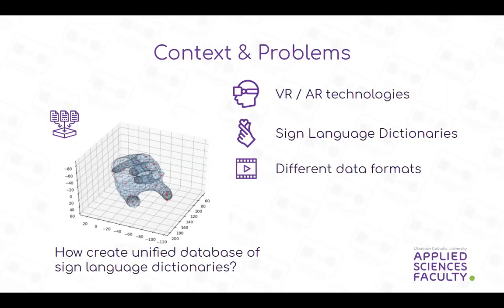It would be really nice to have a universal algorithm which can take as input different sign languages and reconstruct everything in one unified database. Such a database can then be used for creating a new type of educational content for people who want to learn sign language in VR and AR, where people will be able to see hands from different positions and from different distances.